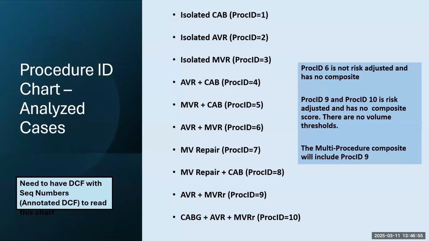So all of those cases that are included in PROC ID 6 are a part of PROC ID 9, and PROC ID 9 and PROC ID 10, along with PROC IDs 1 through 5, which are your isolated cabbages, isolated AVR, MVR, and then your AVR cab and MVR cab. All of those will roll up into multi-procedural. And you will get a star rating for those cases.